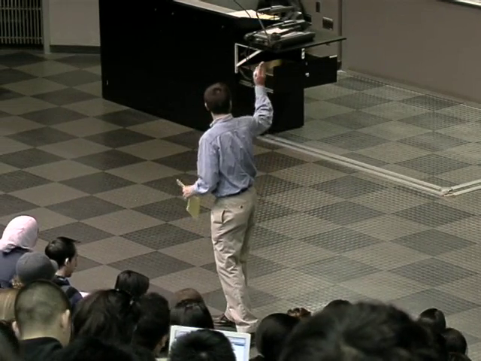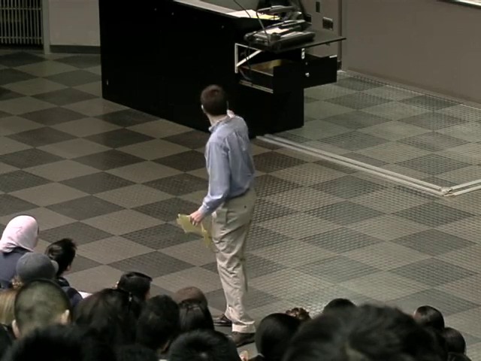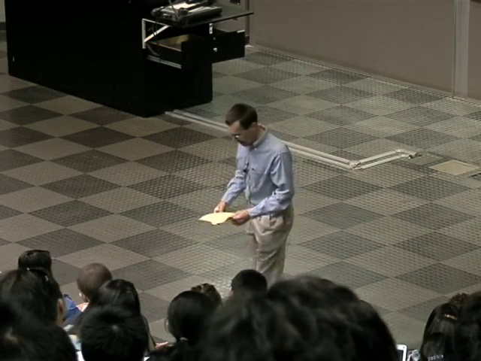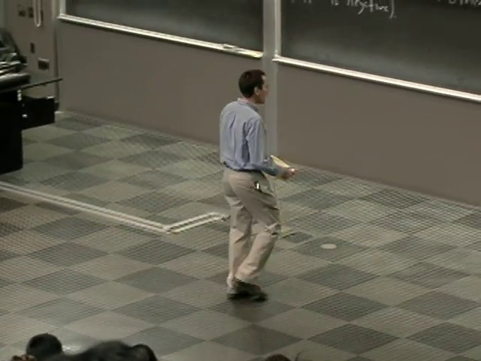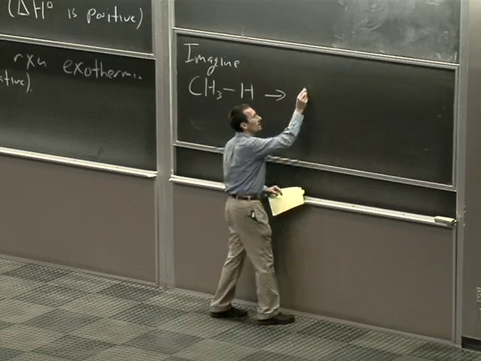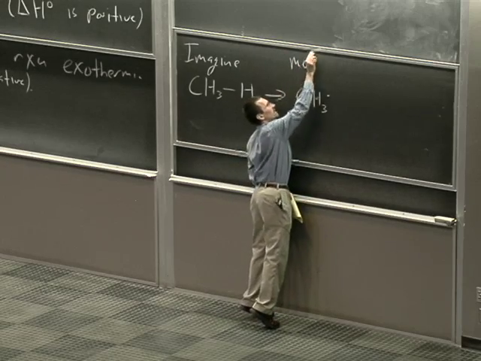The great thing about it, since we're only interested in the end result, is that we've broken a chlorine-chlorine bond, we've broken a methyl hydrogen bond, and we've formed a methyl chlorine bond and a hydrogen chlorine bond. It doesn't matter what really occurs in the mechanism of the reaction. All that we need to do is tally up the energy of the bonds and make sure that we've gotten to the right molecules. So imagine for a moment that we break this methyl hydrogen bond and we get CH3 dot. CH3 dot, remember, is a methyl radical.